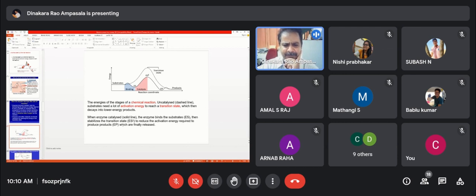When you add the enzyme, it forms an enzyme substrate complex and reduces the activation energy requirement. It forms the product, the lower energy molecules, which are released from the enzyme, and the enzyme joins a new cycle of reaction again and again.